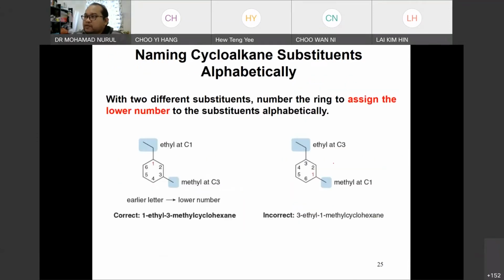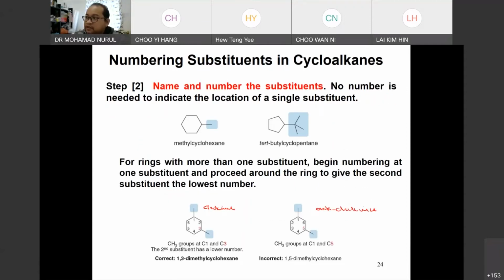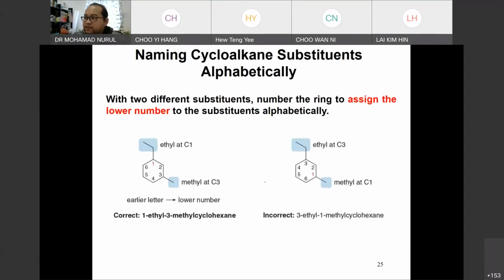So with 2 substituents, number the ring to assign the lowest numbers, and the substituents are arranged alphabetically, okay. So for example, using this as an example, we have 2 groups, one is ethyl, one is methyl. You have to arrange them alphabetically, okay.